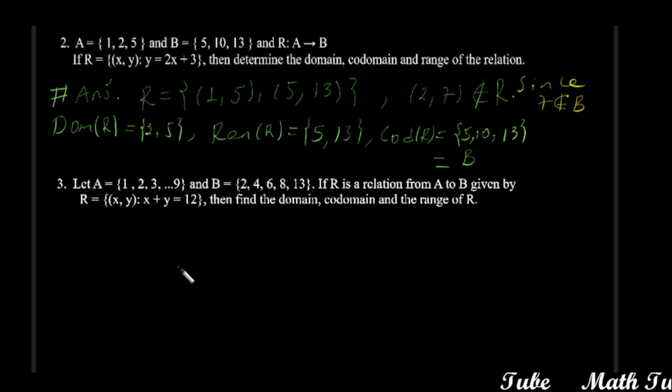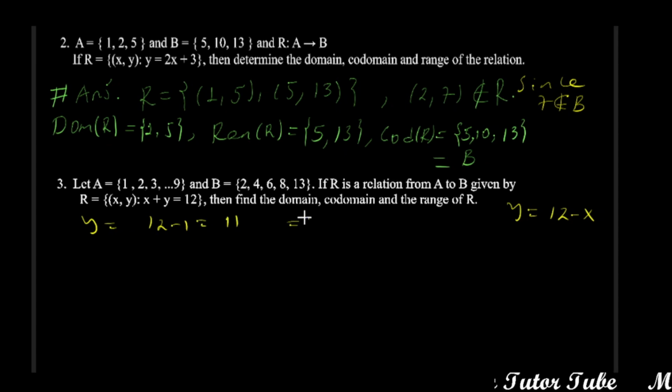To find the members of the relation, you can write y equals 12 minus x, then insert the values of x in place of x. If we insert 1, for example, we get 12 minus 1, which equals 11. So one ordered pair is (1, 11).